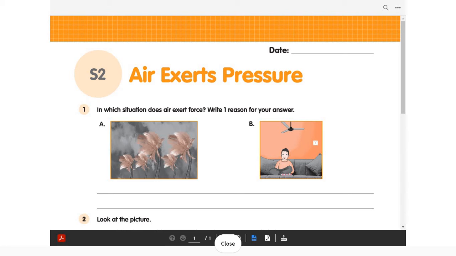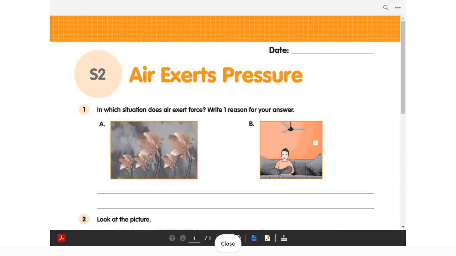Yes, picture A. In picture B, the fan is stable, not running. But in picture A, the leaves are moving. So, air exerts force in situation A. This is because we see that the leaves are moving.